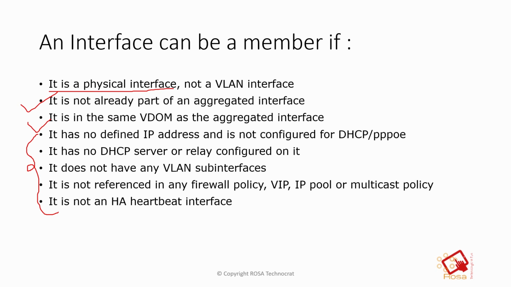And of course, if it is not visible, you cannot bind it, right? So the main points here are these three: it should be a physical interface, not a VLAN, not part of an existing aggregate, and these all relate to it not having an already defined configuration on it.